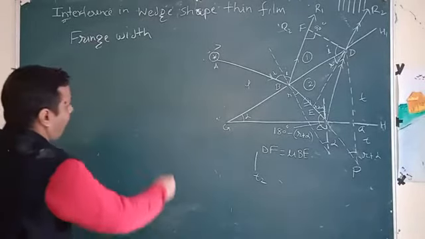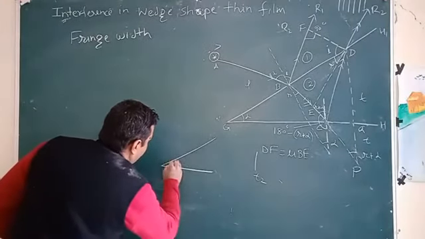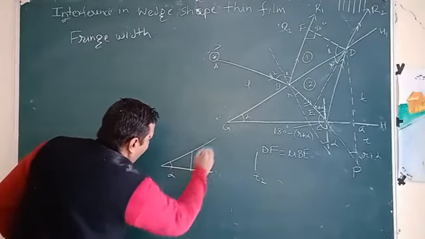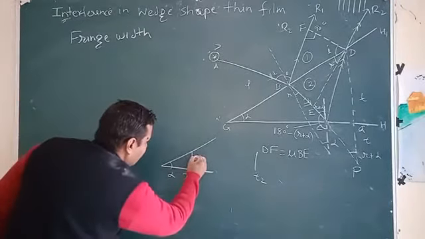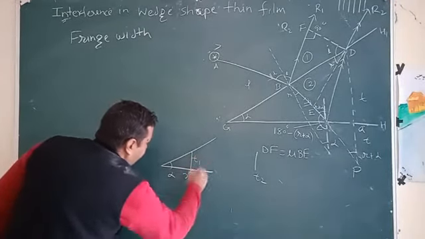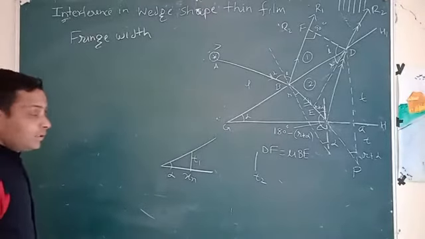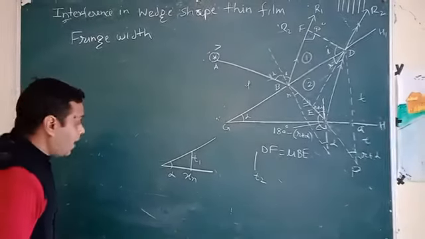In case of dark fringe, if we take one fringe at a thickness T1, then what is the condition of the dark fringe?